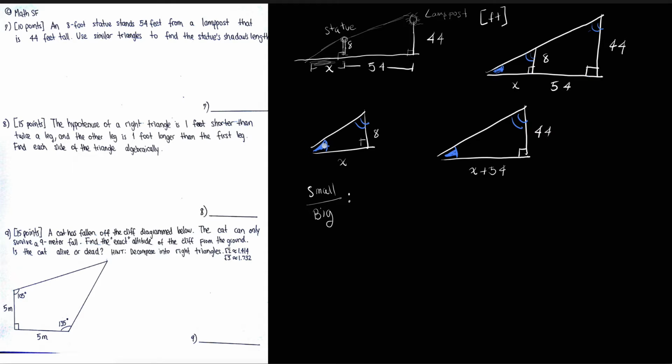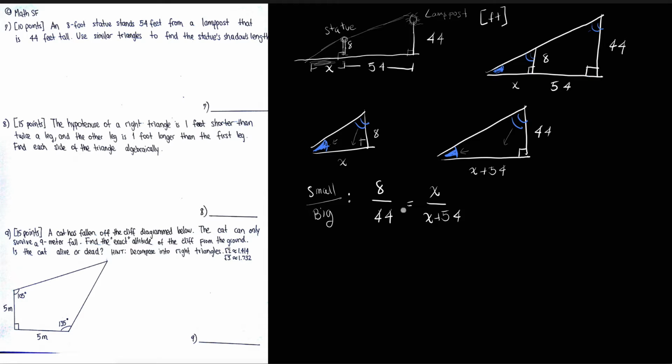So this angle here opposes 8. As in the big triangle, that given side there opposes 44. Equal to, in here, the 2 marks opposes the X in the small one. Equal, in the 2 marks here, opposes the X plus 54. So I can solve this algebraically by cross multiplying.